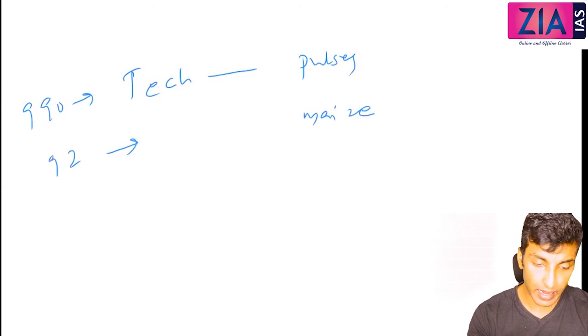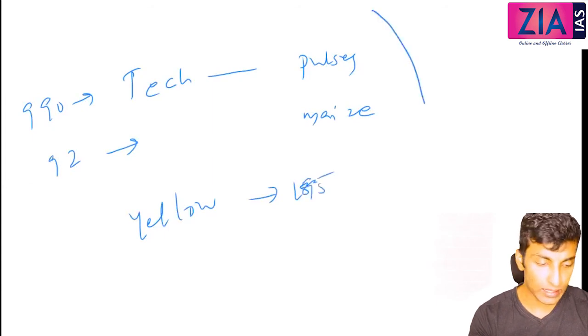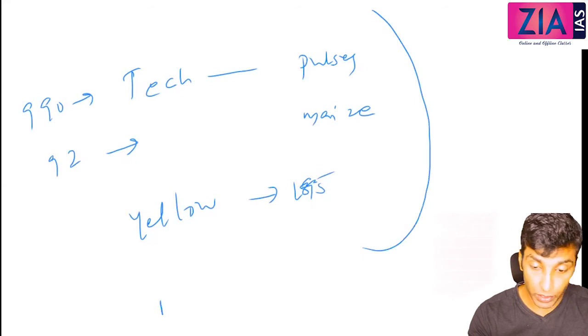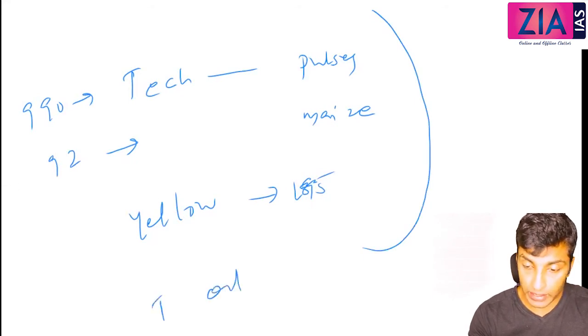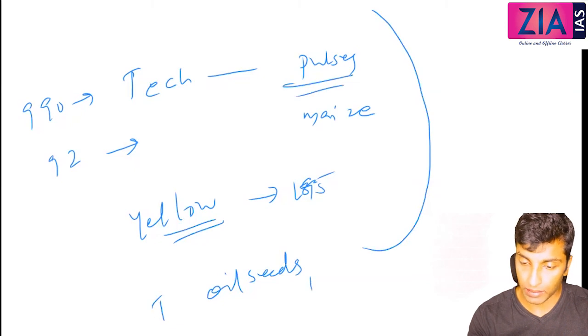Okay, and this yellow revolution, 1985, all these actually merged under Technology Mission on Oil Seeds, that is related to yellow, comma, pulses and maize. Oil seeds, pulses and maize.